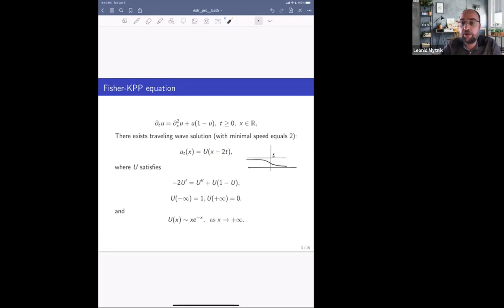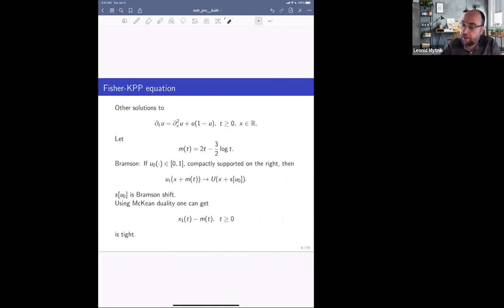It's in fact the minimal possible speed for constructing traveling waves for this equation. And this function capital U, which gives the shape for the traveling wave solution, solves this differential equation. And this function U also equals 1 at minus infinity and 0 at plus infinity. And we also know the rate of decay of the function at plus infinity. It decays as x times e to the minus x. Okay, so these are so-called traveling wave solutions, and definitely we may have other solutions to this equation.